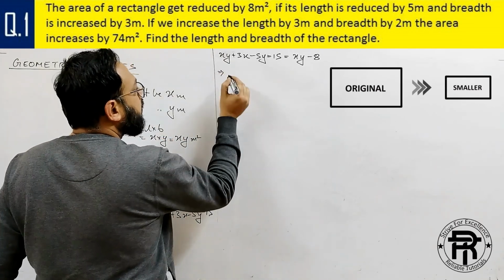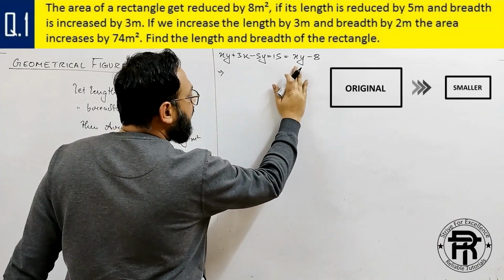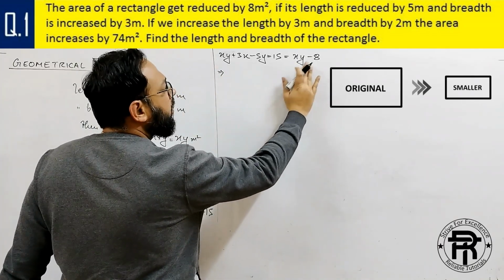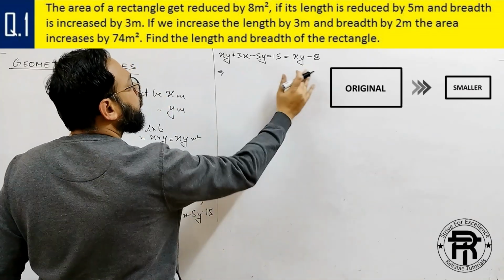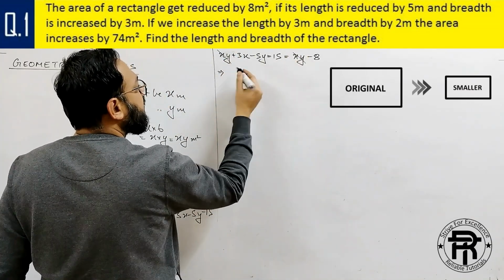Now what will happen? ये new rectangle का area है, ये old rectangle के area है. जब हमने old rectangle के area में से 8 minus किया तो दोनों equal हो गए. xy is going to be cancelled. Simple solve कर लेते हैं.